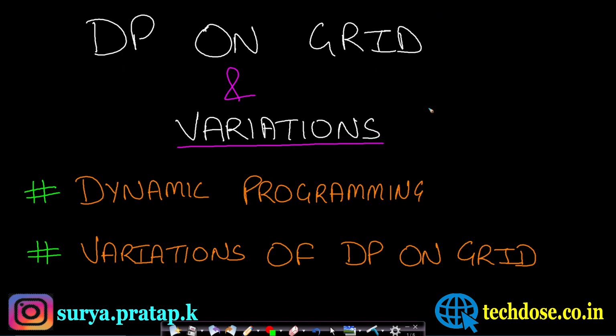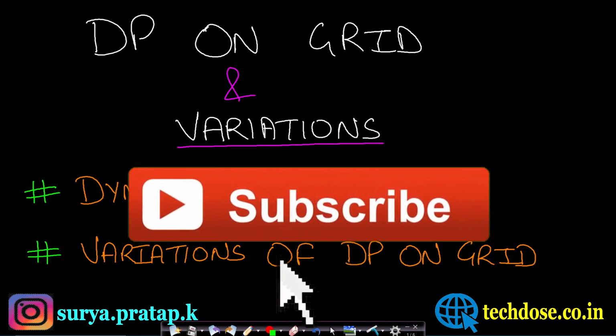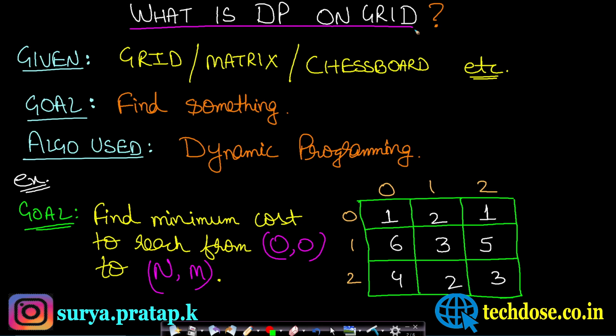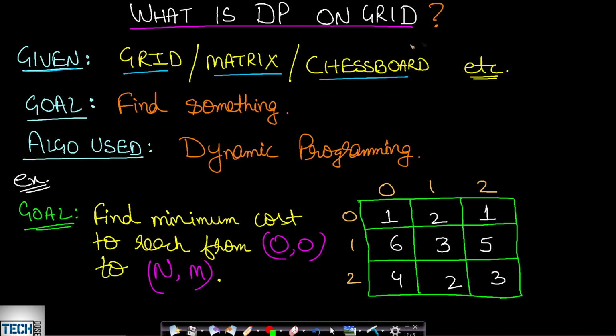So this falls under dynamic programming and I will be showing you the most common variations for the DP on grid problem. Now what is DP on grid? In this type of problem we will be given a grid or a matrix or a chessboard or any other thing which will represent all these three things.